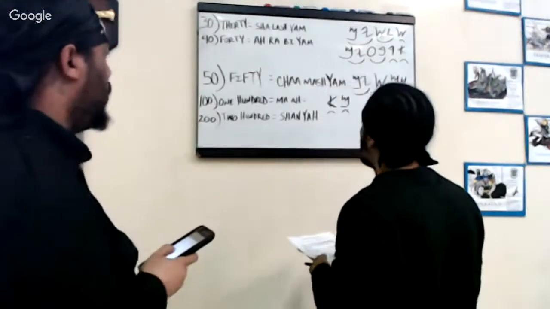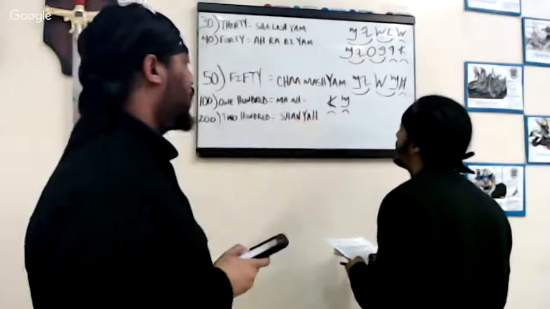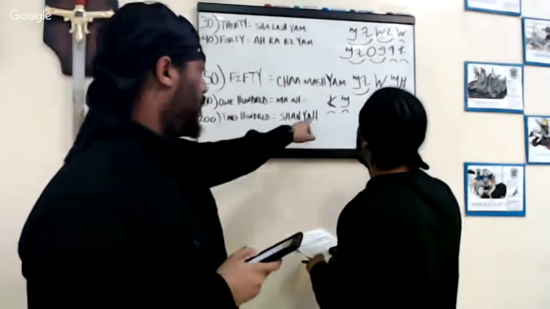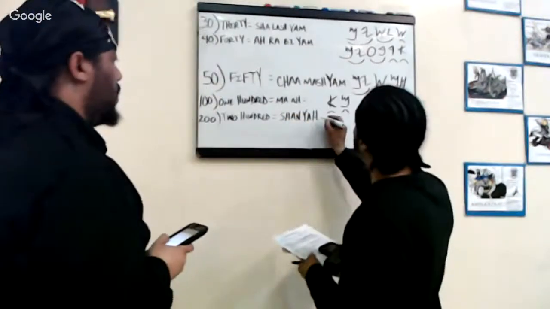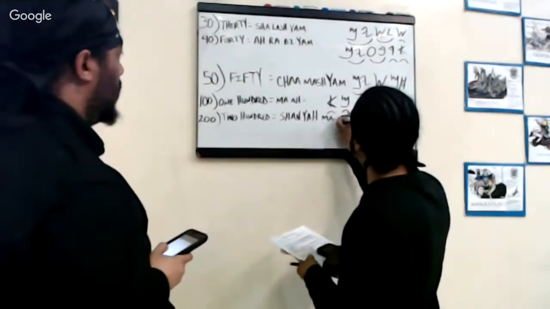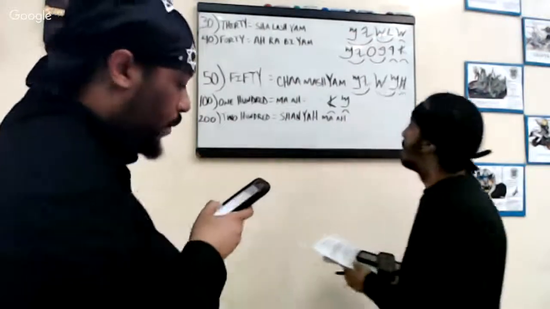Now, how do you say 100 in Hebrew? Ma'ah. Okay, write down ma'ah. Hold on, no, right here. Shnayim, ma'ah. No, just like how we did 20, right? We said what for 20?